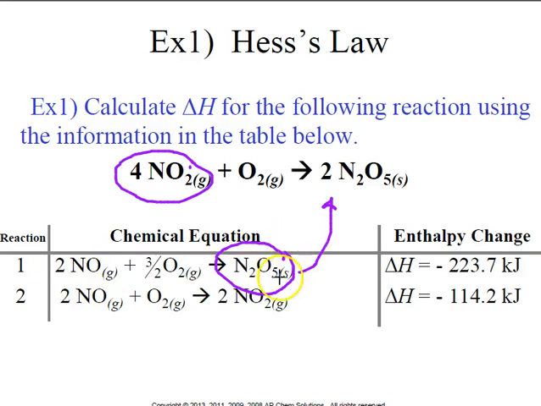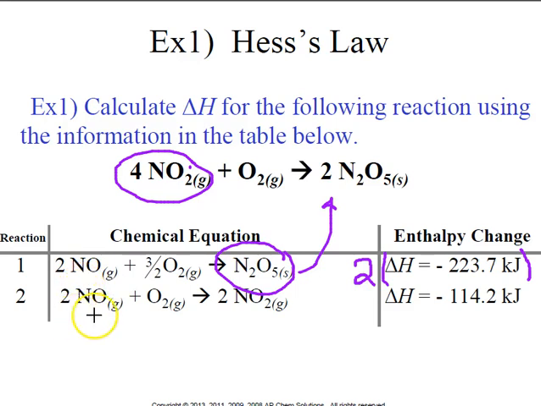But one thing I know for sure is this N2O5 can only come from reaction 1. And in reaction 1, it has a coefficient of 1, and in my goal, it has a coefficient of 2. So I know I'm going to be multiplying this by 2. You can kind of see how we're starting to put pieces together.